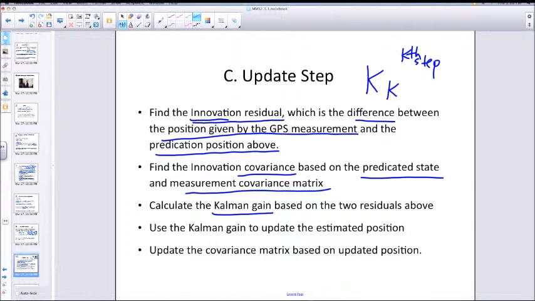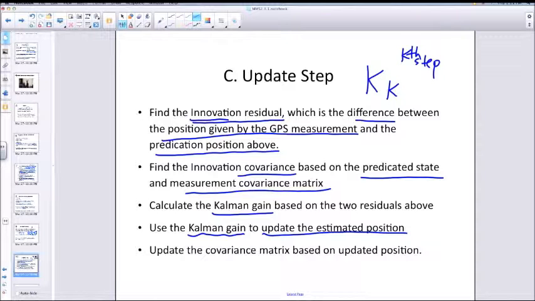Based on the residues above, we give you the best, we'll call it the optimized weight. And we use that constant to update your estimated position. In other words, I give a little bit of credit to your prediction.